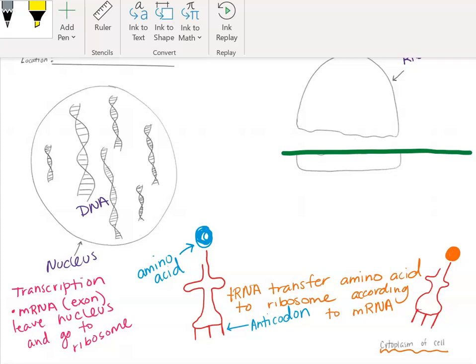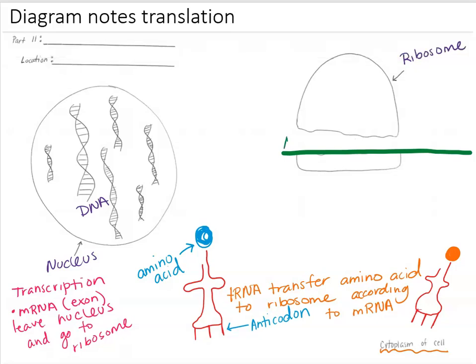So we'll fill in the nucleotides: A, C, A, U, G, G, A, C, A, U, U, A, G, U, A. So this is our mRNA strand.